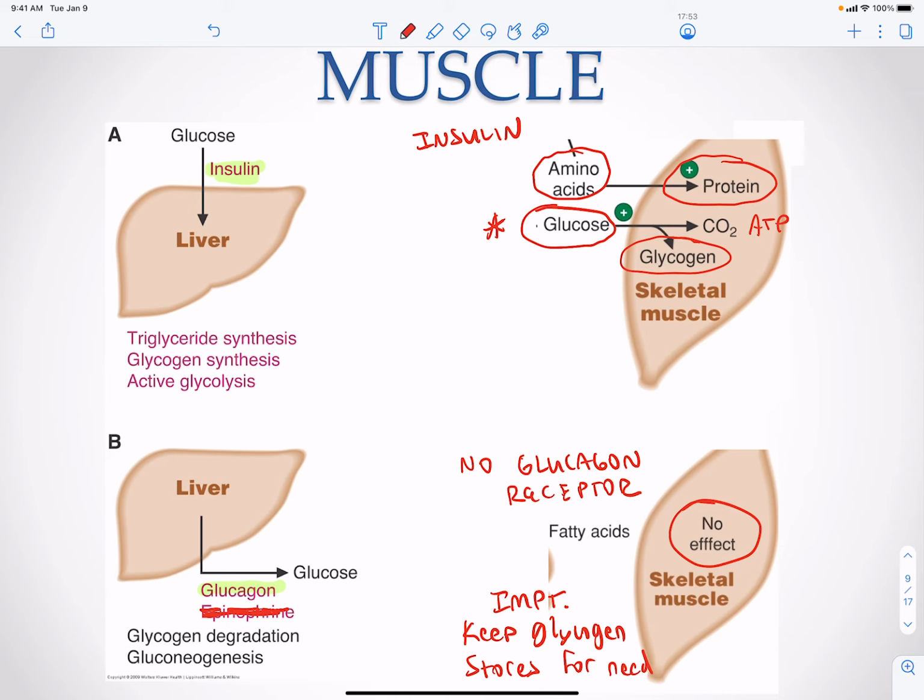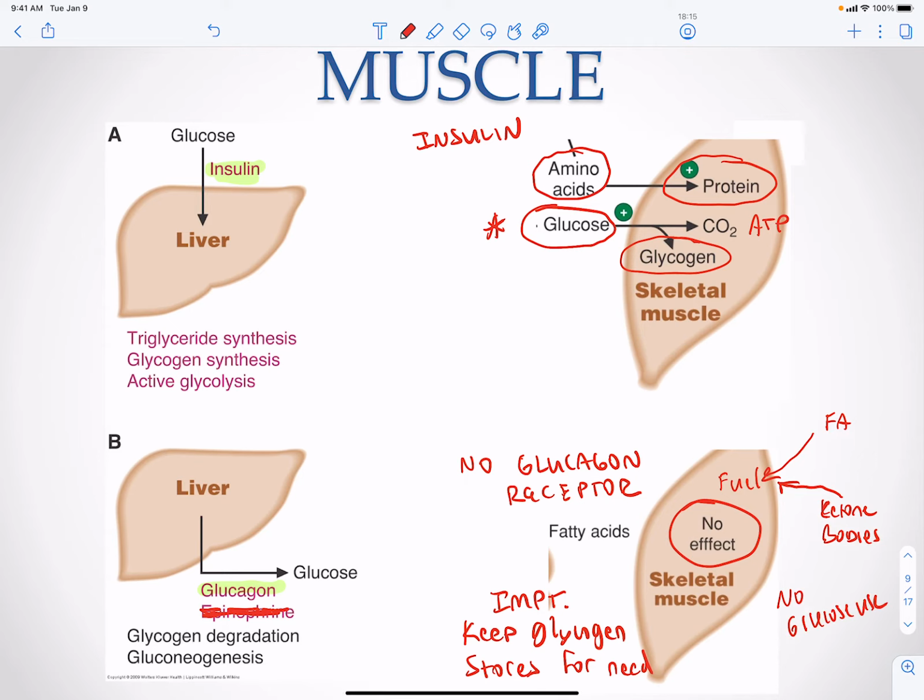Now, what is the muscle cell going to take up? It's going to take up your fatty acids, or it's going to take up your ketone bodies. And it's going to use this for fuel, and it has no glucose use.